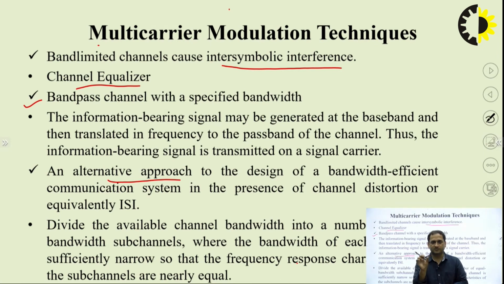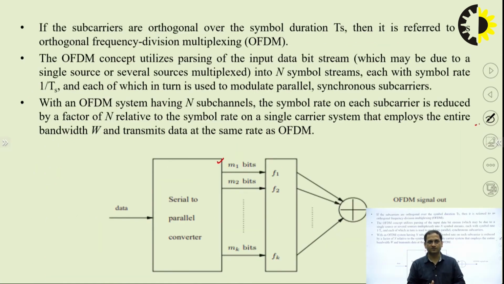Each block will have some specific number of bits, and each block will be modulated by different frequencies. So this length is divided into small lengths, each one is a block, and these blocks are modulated by different subcarriers. This is the third approach which is used here.